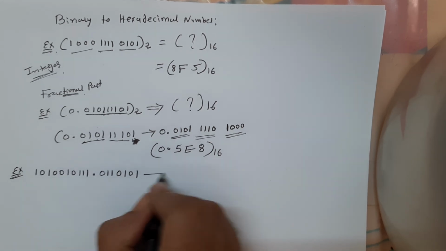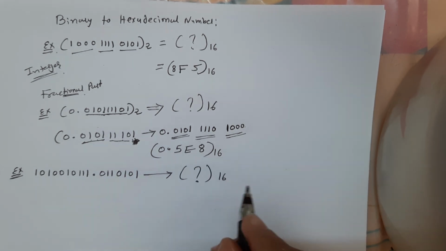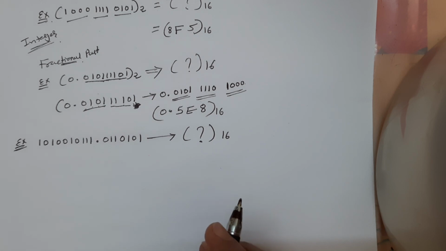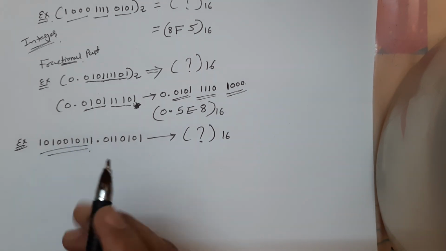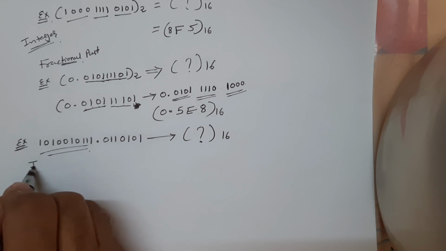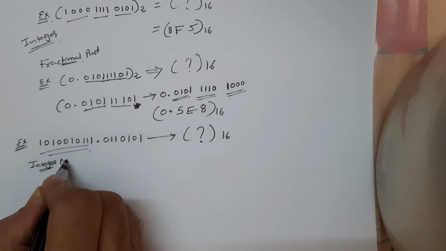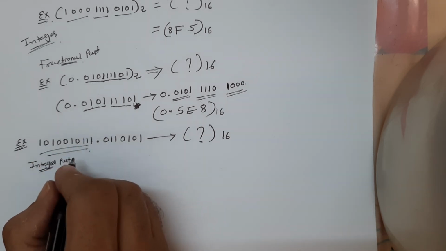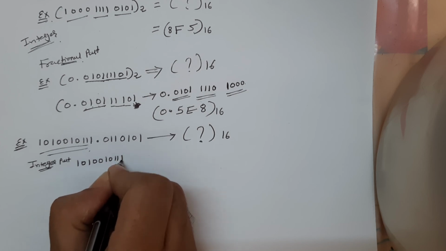This we want to convert into the form of hexa. How to convert, right? So first of all, we are taking the integer part. It is your 1010010111.